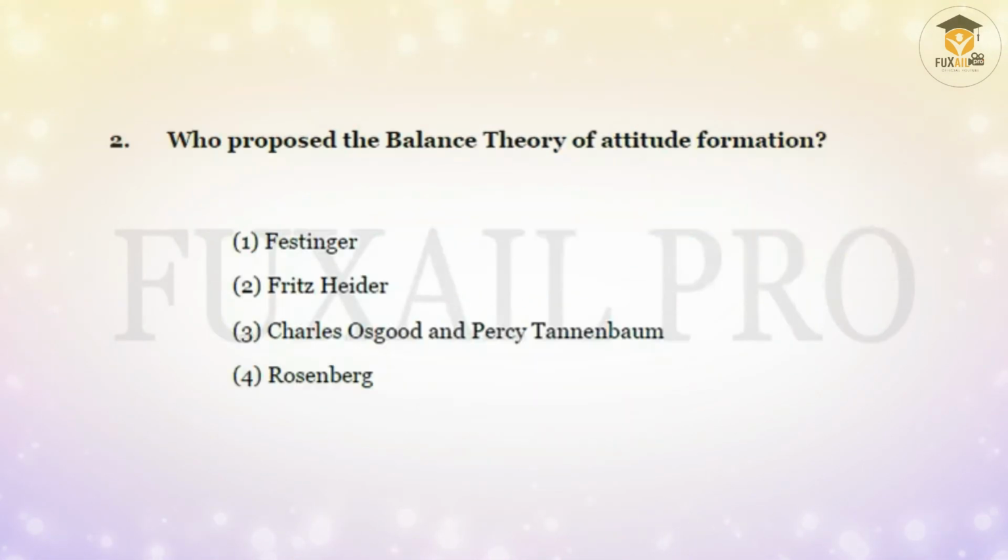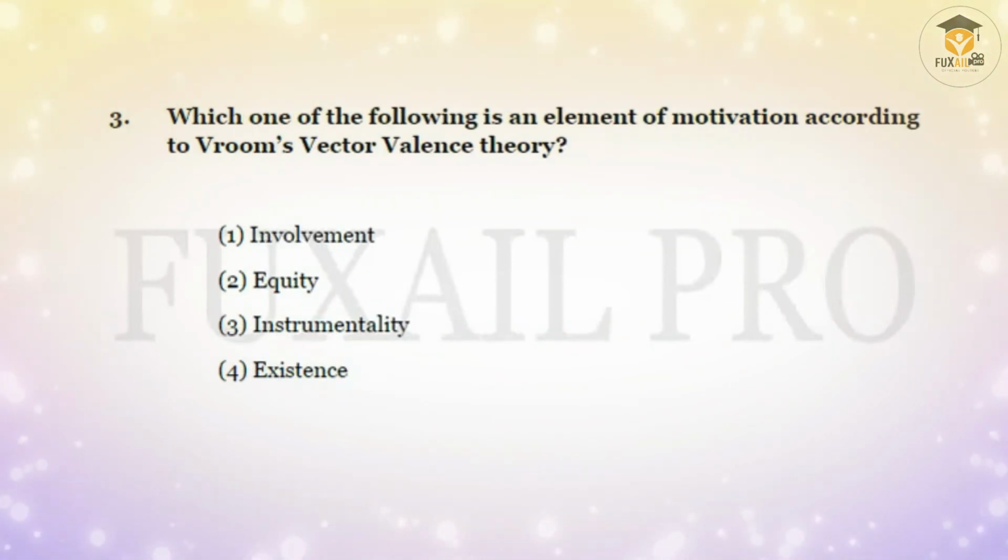2. Who proposed the balance theory of attitude formation? 1. Festinger, 2. Fritz Heider, 3. Charles Osgood and Percy Tannenbaum, 4. Rosenberg. 3. Which one of the following is an element of motivation according to Vroom's vector valence theory? 1. Involvement, 2.